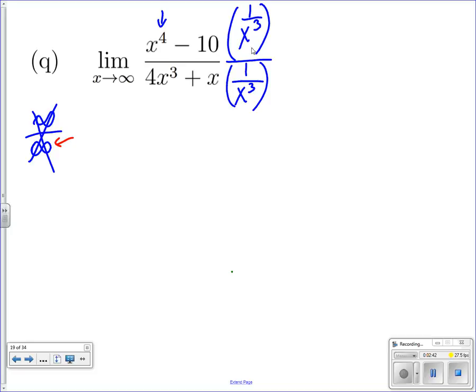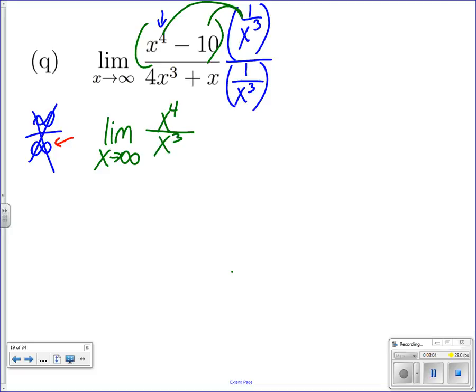Then we end up with the limit as x approaches infinity of x to the 4th, and we're just distributing in this 1 over x cubed. So 1 times x to the 4th is x to the 4th, over x cubed on the bottom. The same thing happens with the negative 10.